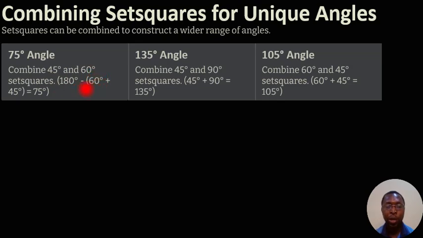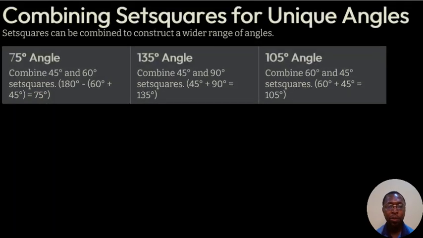And then when you add them up together, the result, you subtract it from 180, that will give us 75 degrees. Maybe we should dive into this and see how it can be done, right? So let's do a practical on this. How do we construct angle 75 degrees combined using two set squares?